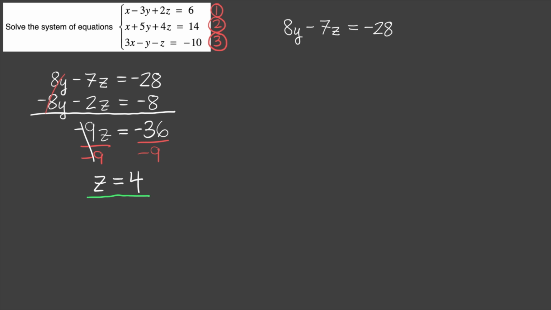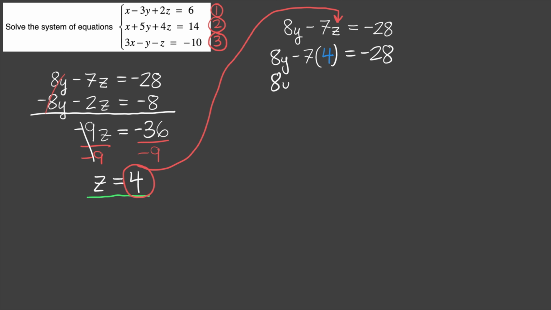So I'm going to circle that 4 and show you what we're doing here. We're going to replace that into our z equation right there. All right, so let's go ahead and do 8y minus 7 times, I'll plug in the z equals 4 in blue, so you can see that that's what we're plugging in for z. We simplify 8y, 7 times 4 is negative 28.